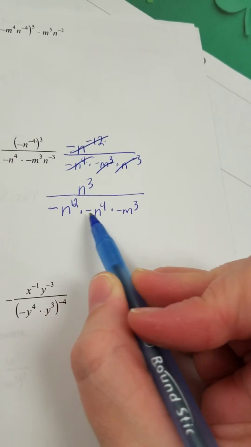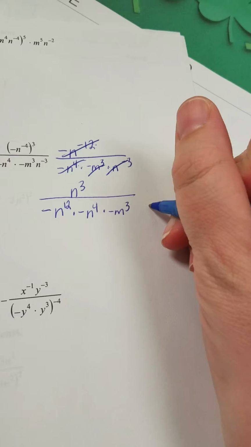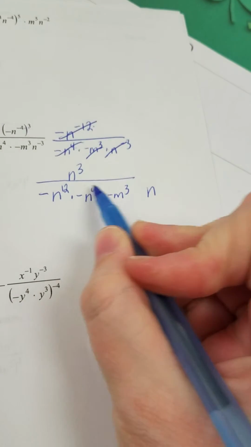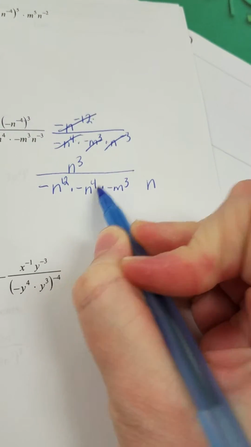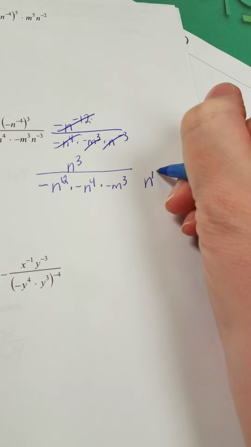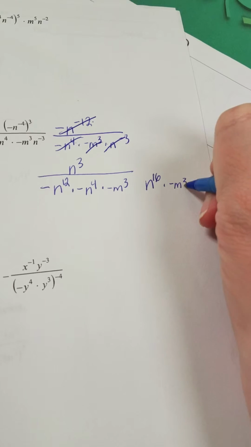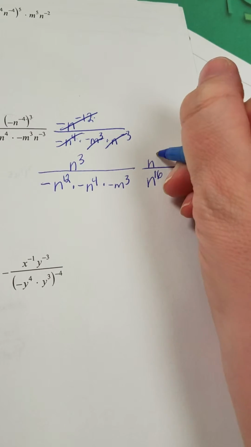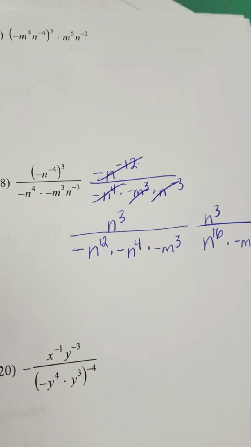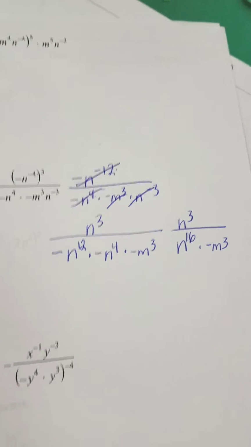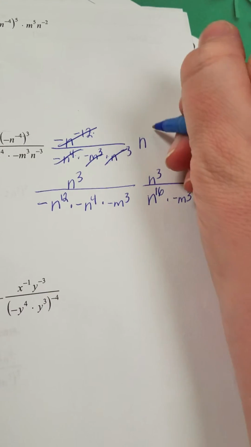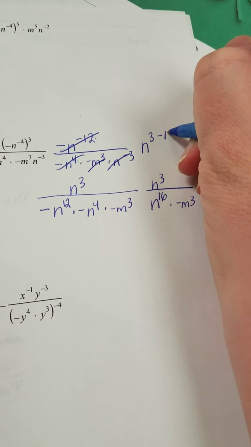Okay, now I would combine like terms on the top and on the bottom. So negative times a negative is a positive. So you're going to have positive n to the 12 plus 4, the 16th, times negative m to the third, all over n to the third. Okay, so I have n to the third divided by n to the 16th. So that is n to the 3 minus 16.